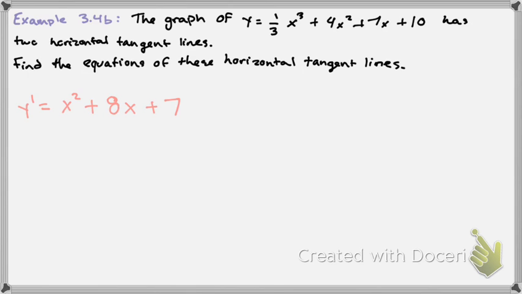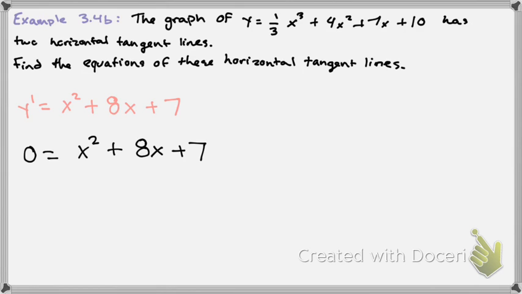And then obviously the 10 drops out because there's no x there. The next step to find the horizontal tangent line is to set the derivative equal to 0. So we're going to have 0 equals x squared plus 8x plus 7.